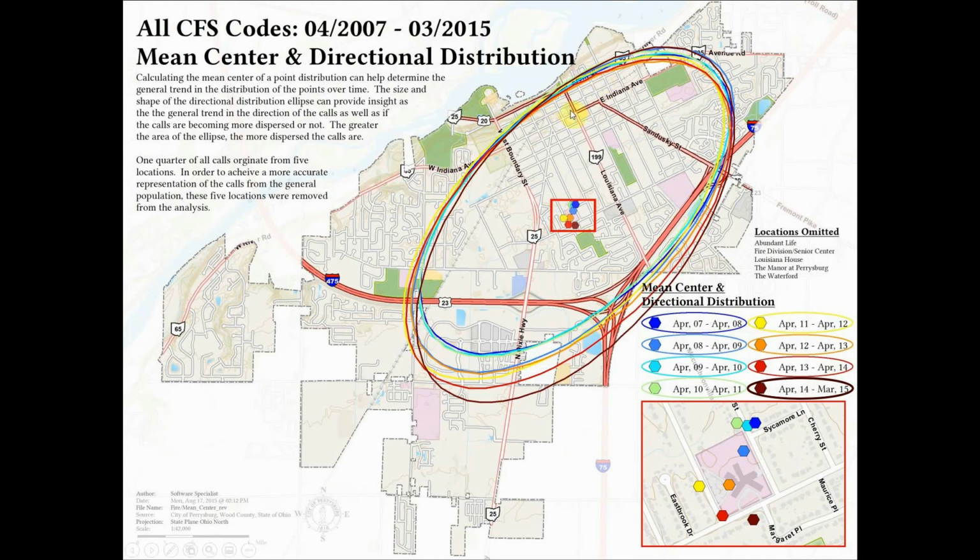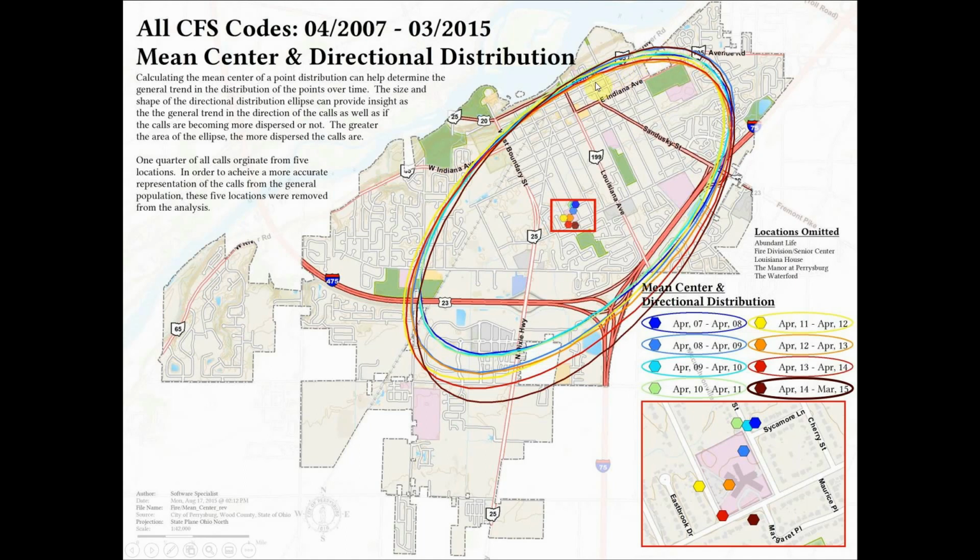And then if you look at the directional distribution, it's really interesting because the ellipse is moving. The ellipse is changing, right? It's expanding to the south and west. But up here to the north and east, it's really not changing that much at all, right?